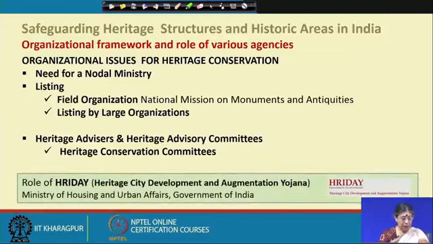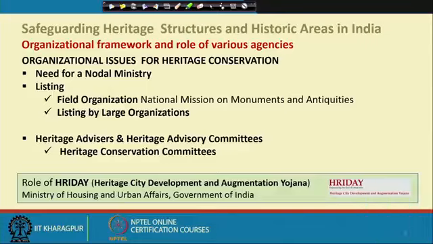Also, we must know that recently the Hriday, the Heritage City Development and Augmentation Yojana, which is the Hriday concept, was launched by the Ministry of Housing and Urban Affairs, Government of India. One of its mandates is looking for the heritage city, and it especially addresses various issues relating to conservation and development, and many cities have been selected under different phases, and many schemes have been worked.